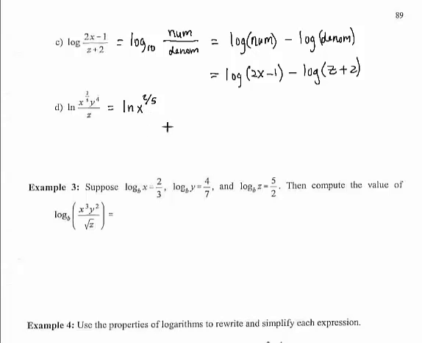An ln of x, and the two would be added since the x and y are multiplied, and so we'd get an ln of y to the fourth. And with the z dividing those two, the z being in the denominator, we subtract the natural log expression for the z.